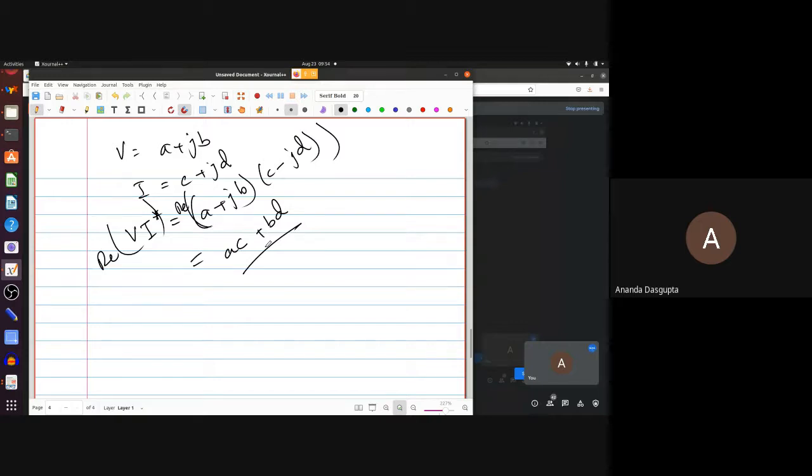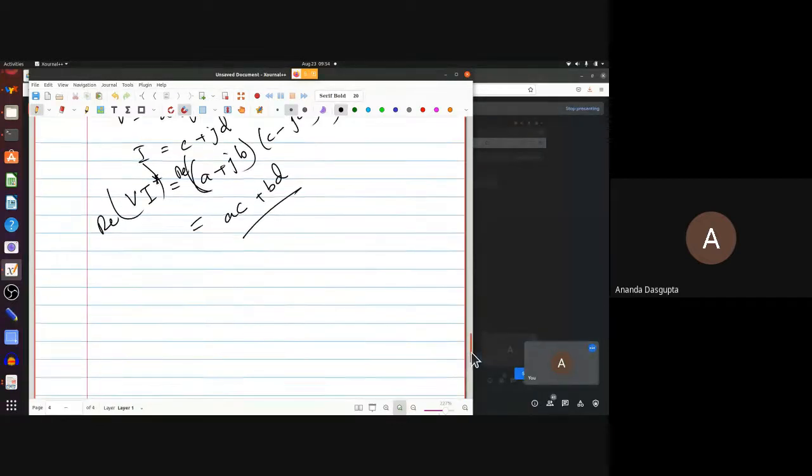If you actually carry out this multiplication, you will get AC plus BD for the real part. You would also get minus AD plus BC for the imaginary part, but the imaginary part doesn't come into the final answer. The final answer is just the real part. Is that okay?